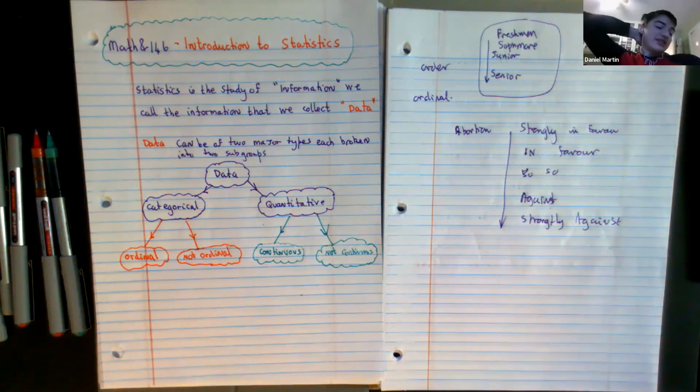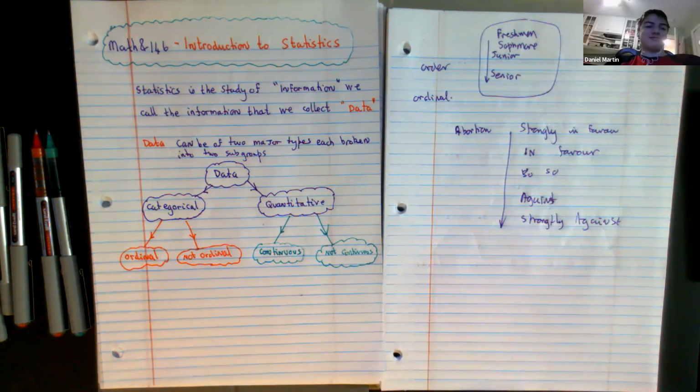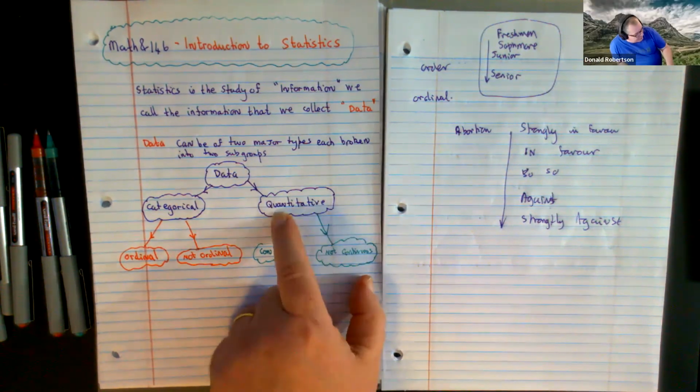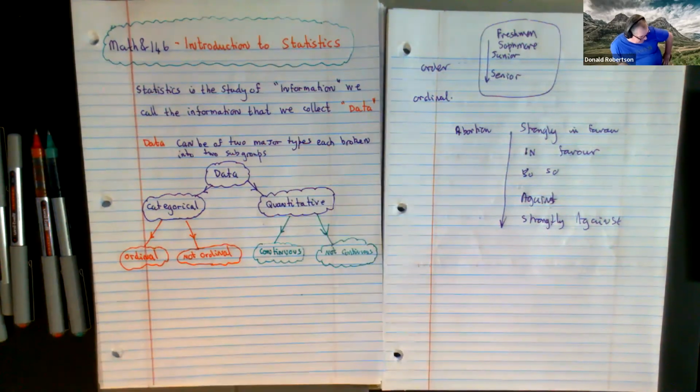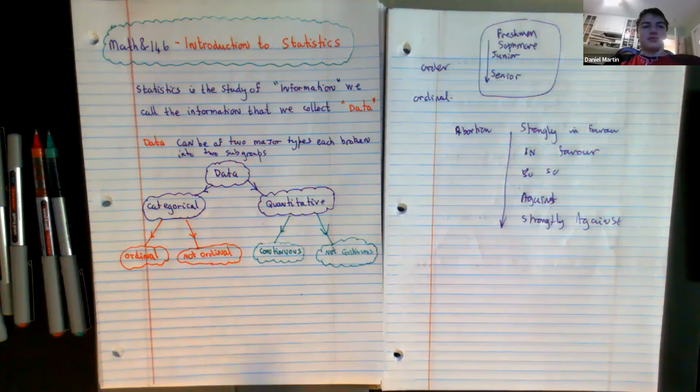Shoe sizes? Right, shoe sizes, interesting. Are shoe sizes numbers? Yes. And because they're numbers, they have to go in the quantitative side, right? So categorical has to be things, right? It can't be numbers, it has to be things.